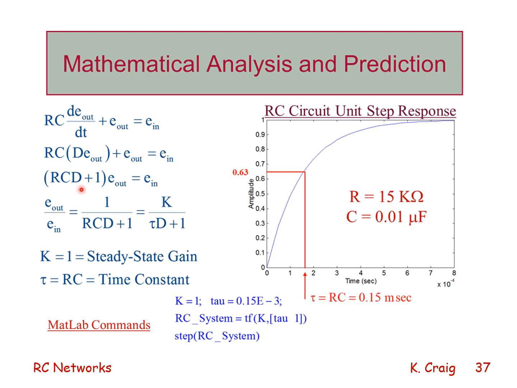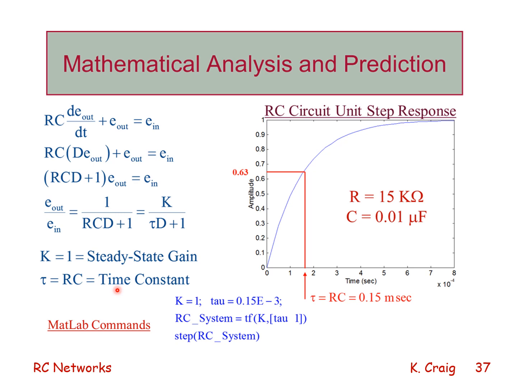I then factor out E out on the left-hand side of the equation. I then solve for the ratio of E out over E in, which is my transfer function. In general form, RC is tau, 1 is K. K is called the steady state gain, tau is called the time constant.